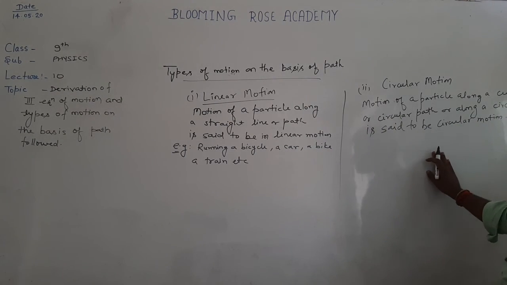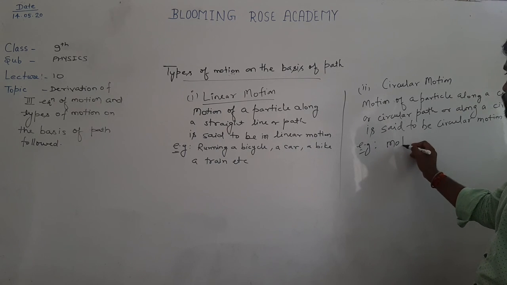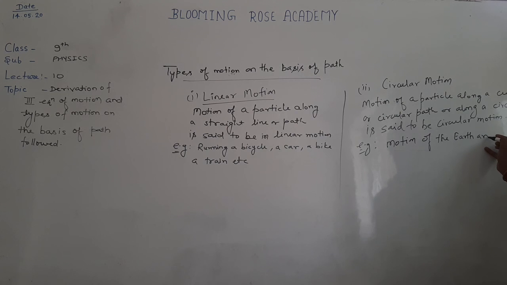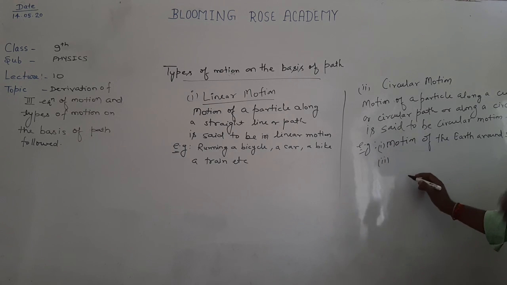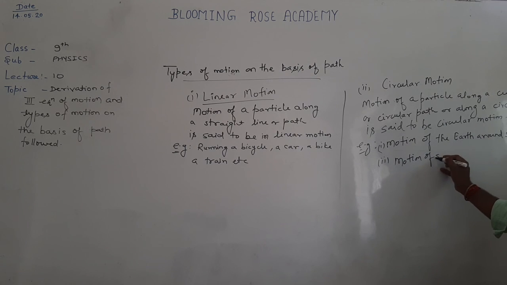What are the examples of circular motion? Examples of circular motion are the motion of the earth around the sun, and the motion of satellites around the planets.